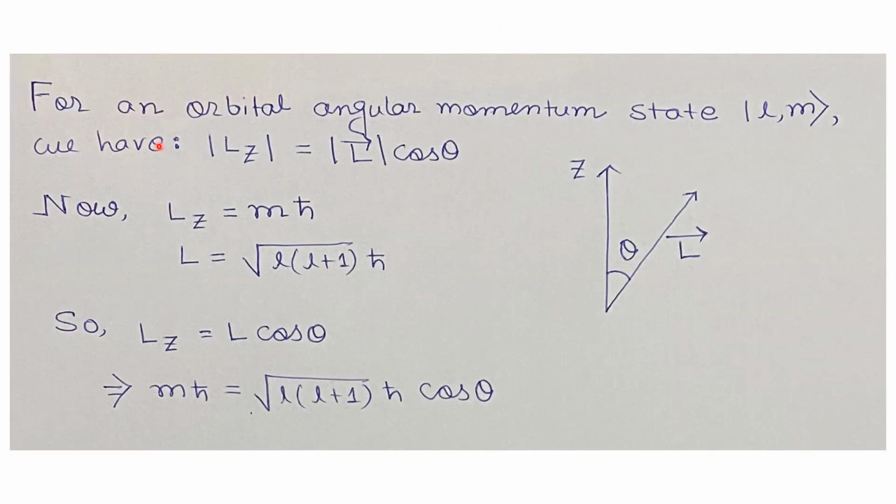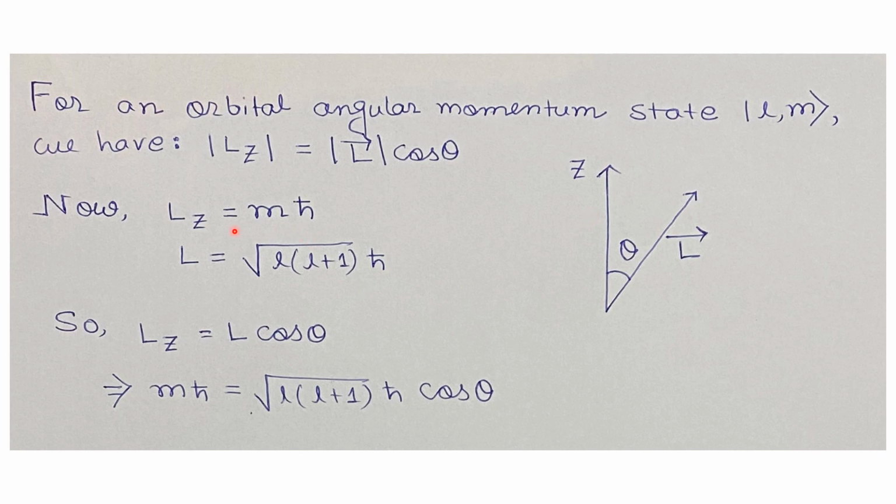So for an orbital angular momentum state |l, m⟩, we have |Lz| = |L vector| cos θ. So basically our L vector is making an angle θ with the z axis, and this component along the z axis will give the Lz.